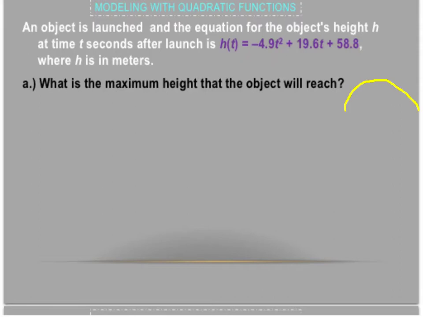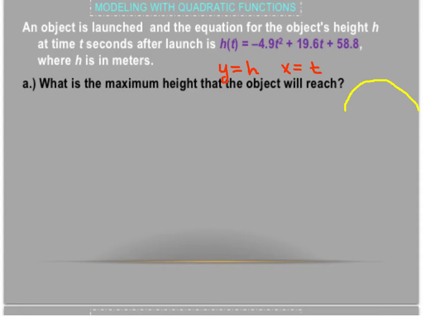So here, h of t is normally where our y is, right? So our y is acting like h, and t is where our x usually is, so x is acting like t, okay?